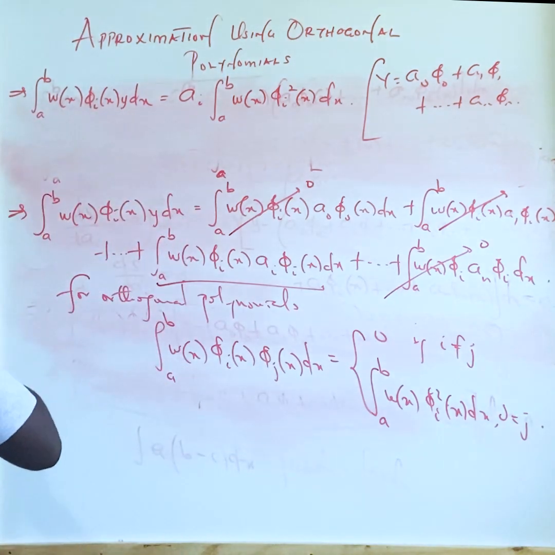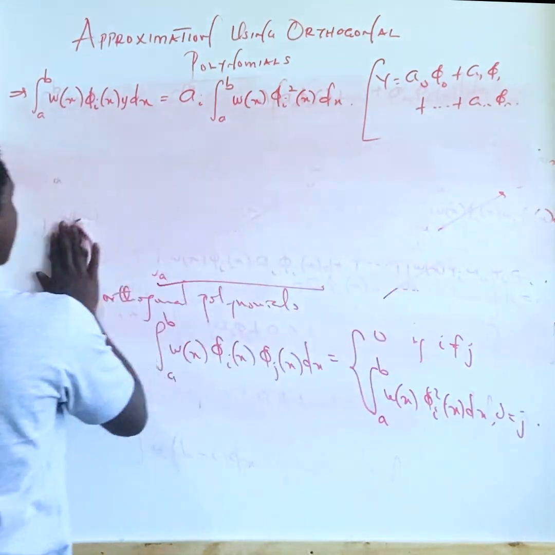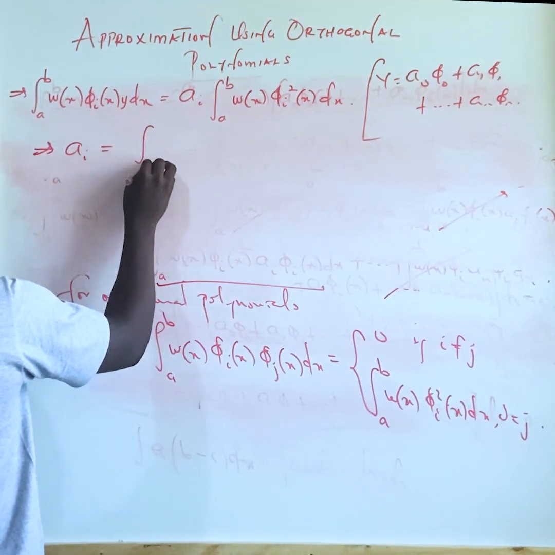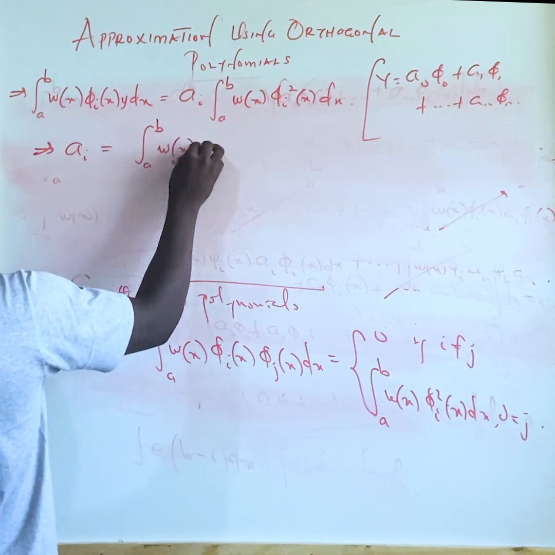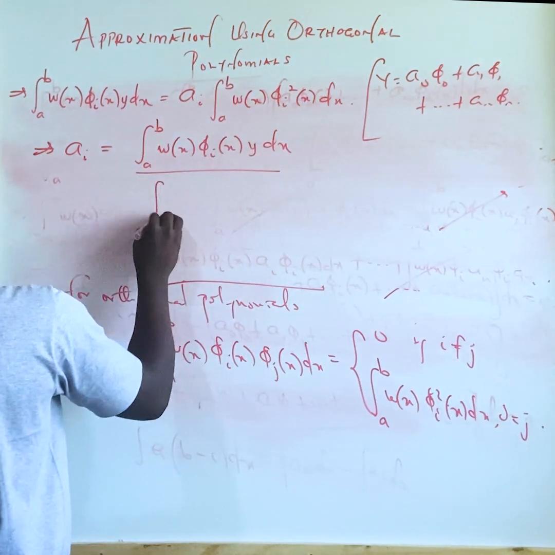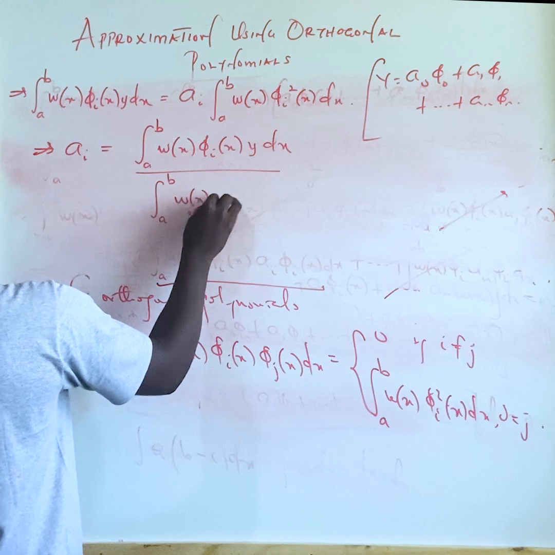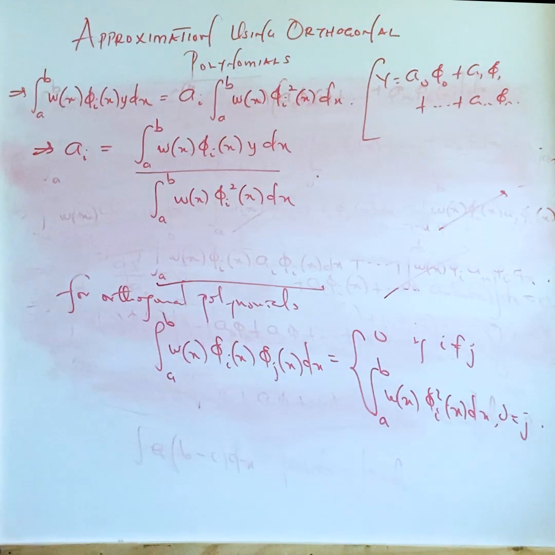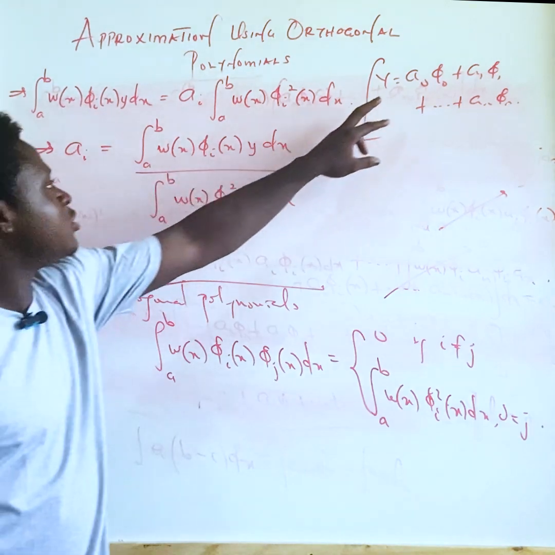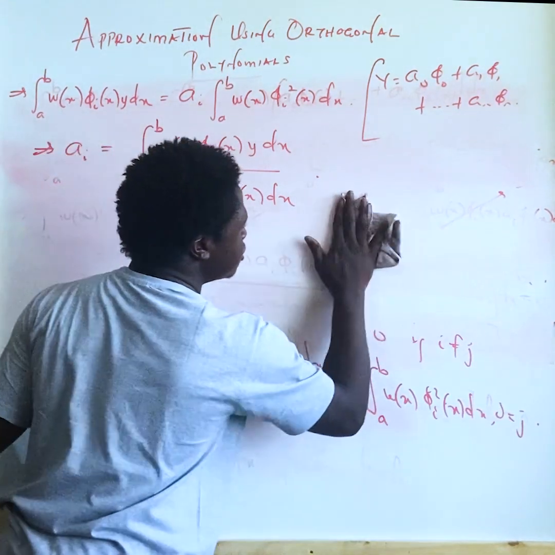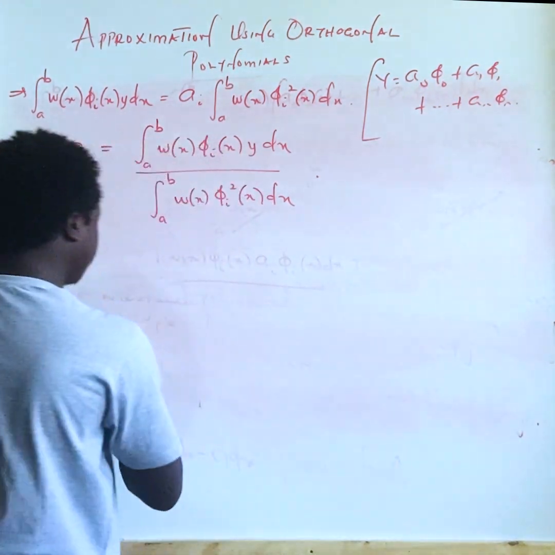So from here we can deduce that our a_i should be equal to integral a to b omega x phi_i of x y dx over integral a to b omega x phi_i square of x dx. So this is the goal of everything we do. So we have to get this a_i, so that when i is 0 we can get a_0, when i is 1 we can get a_1, and so on and so on. So please let us note this and hold it.